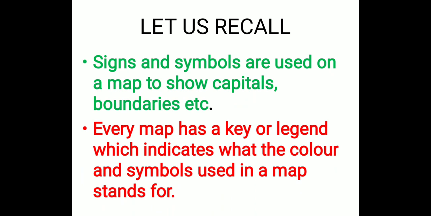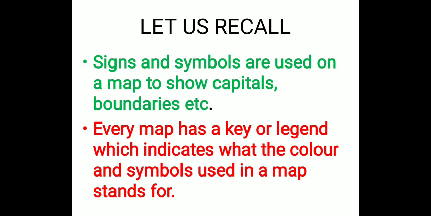Every map has a key or legend which indicates what the colors and symbols used in a map stand for. It is indicated in the key what color is showing what thing on the map.